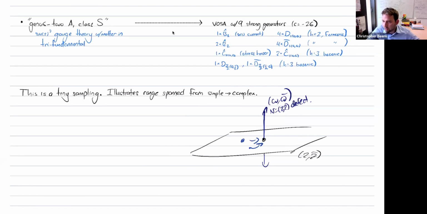It's compatible with this Q cohomology. And so that thing is going to furnish some sort of representation for your vertex algebra.